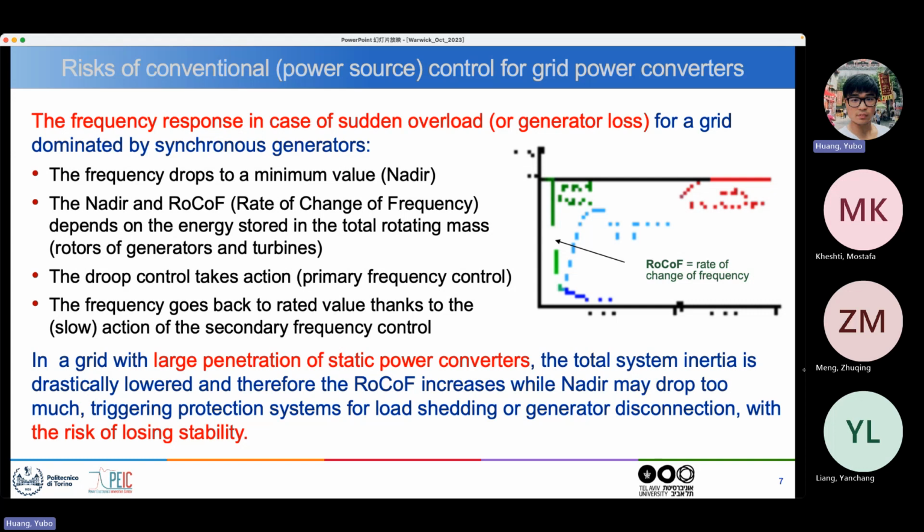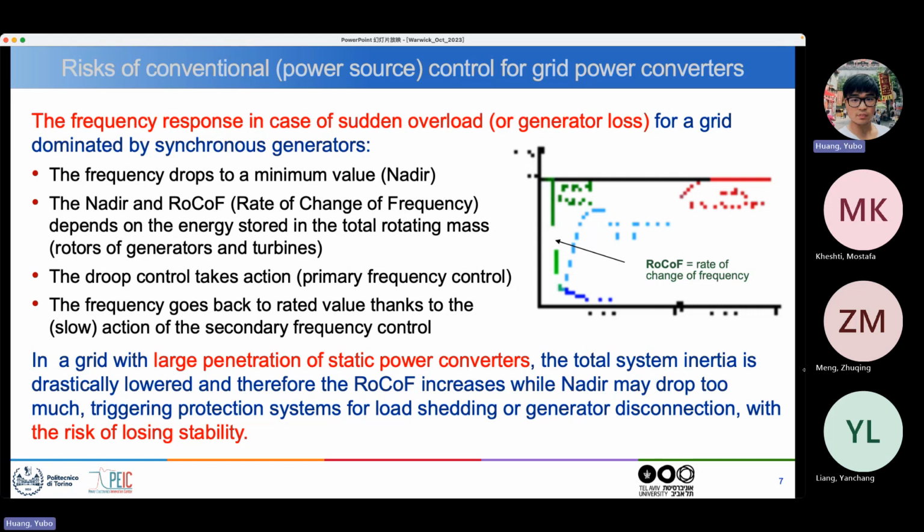And the slope of the initial decay is dictated by the inertia of the system.